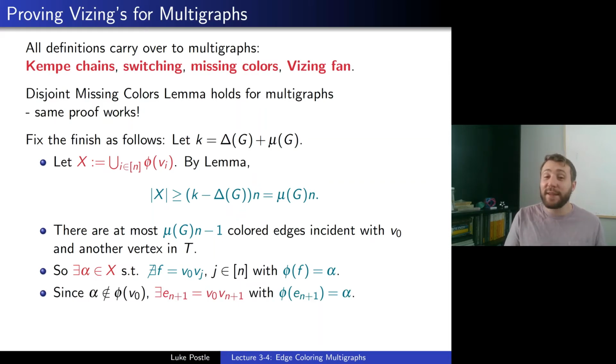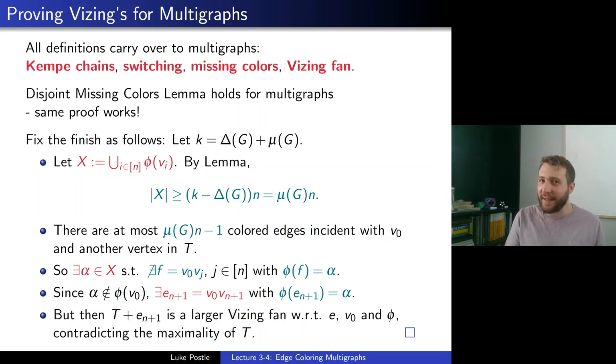And since alpha, of course, is not missing at V0 by the disjointness, there has to be some new edge, E n plus 1, which uses alpha. We can add that to our fan and again contradict the maximality. So that's all the same finish once you switch up that little bit of calculation. So instead of X is at least n and there are n minus 1 colored edges, it is now X is at least mu n and there are mu n minus 1 colored edges. So that establishes Vizing's theorem for multigraphs, where you get delta plus mu.